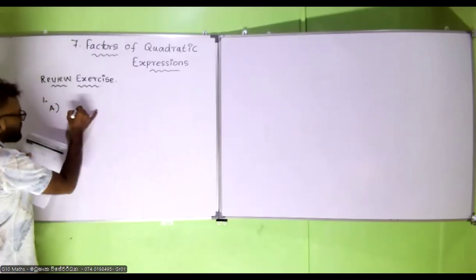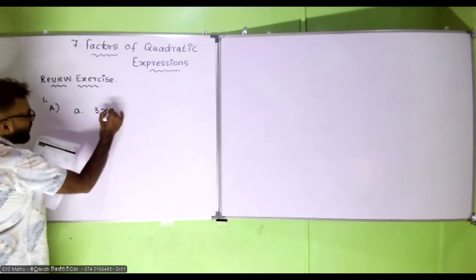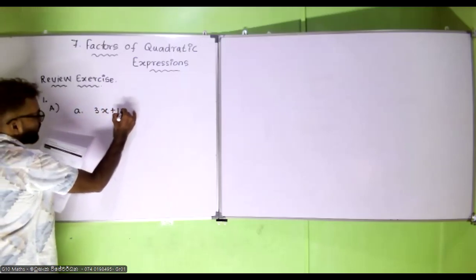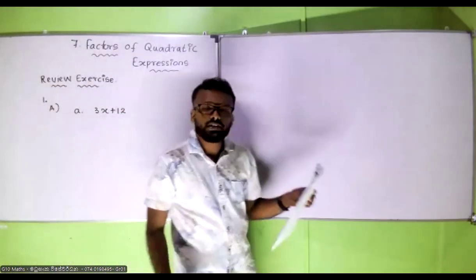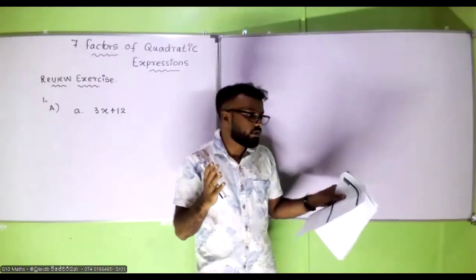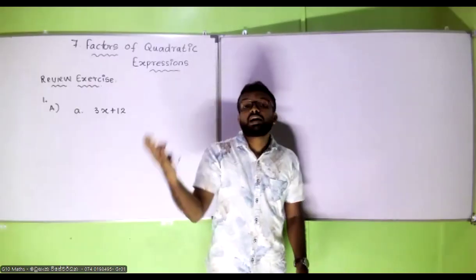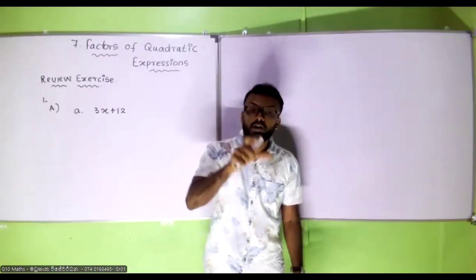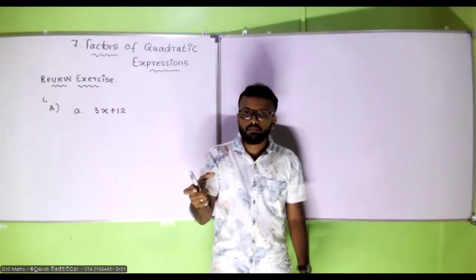Subpart A: 3x plus 12. So we have to do the factorization. It says, write each of the following algebraic expressions as a product of its factors. So you know what the factors are, right?